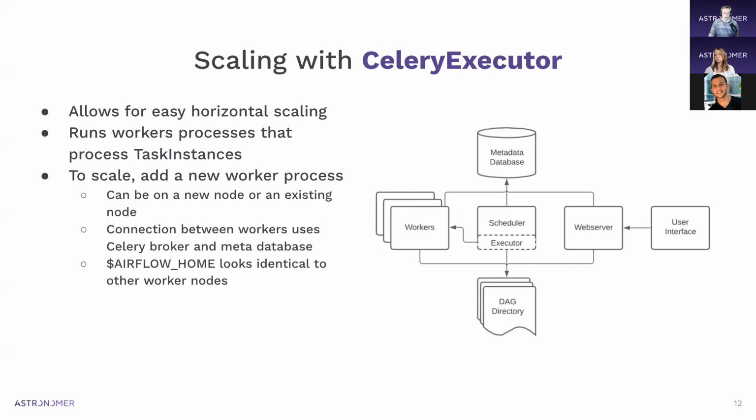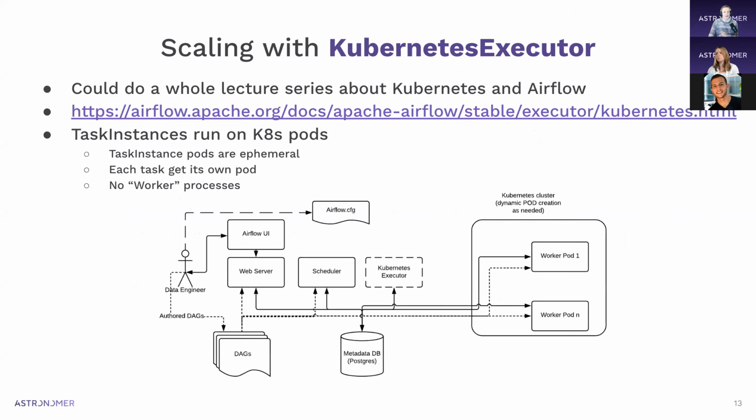So opposite from Celery, I should say, we're going to talk about Kubernetes. And so, like I said, we could do a whole series about Kubernetes, and there's a really great document link that I left here, which you'll get when you get the slides at the end of the presentation, with more details about the Kubernetes executor.